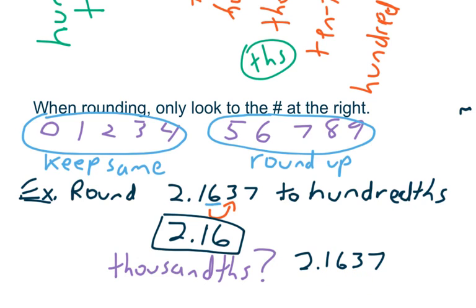So I'm going to underline that spot, the 3. I look directly to the number right of 3. It's a 7. 7 is part of the upper half, so we're going to round it up. So instead of it being 2.163, it's going to be 2.164. That's how we would round it to the thousandth spot.